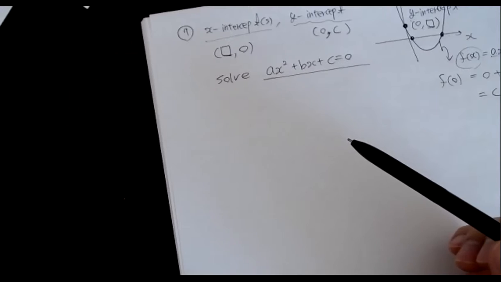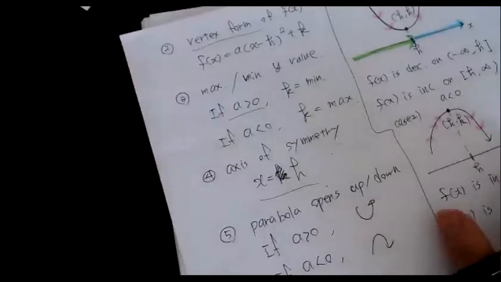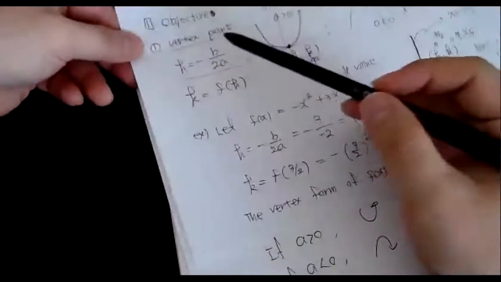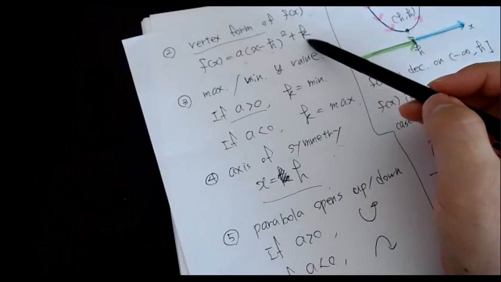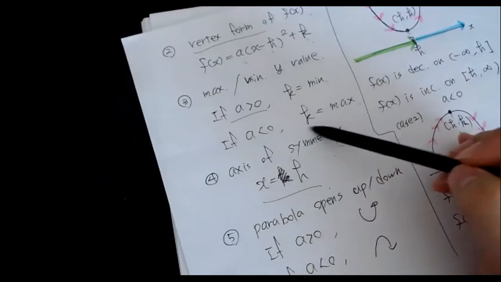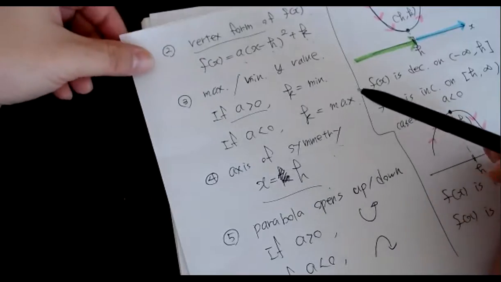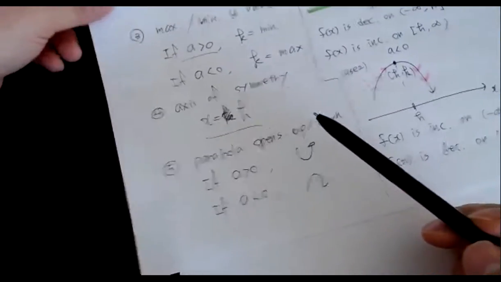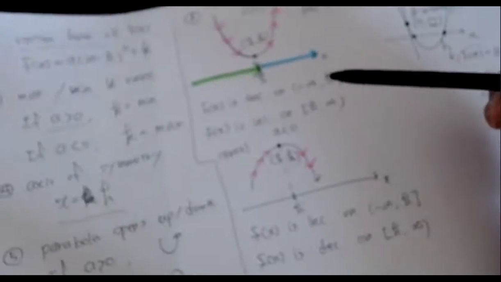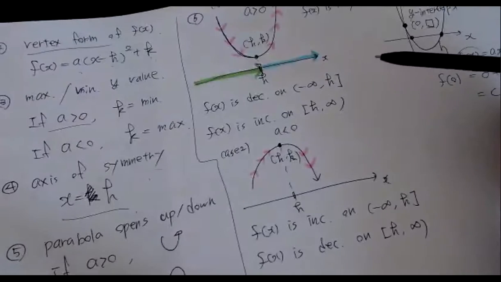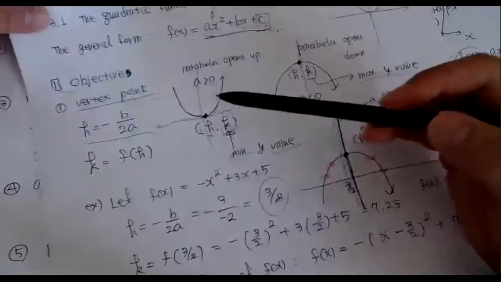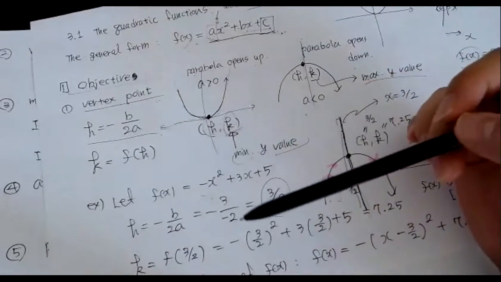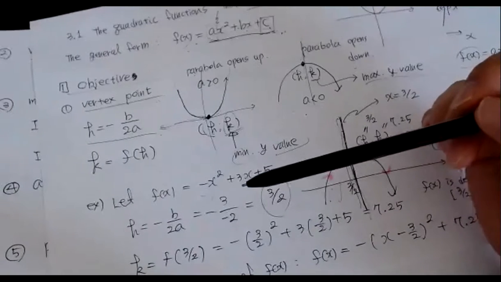But one thing you should keep in mind is that the vertex point is (h, k), and in the vertex form formula, h and k are involved. Maximum and minimum: k is the maximum or minimum, and the axis of symmetry is x equals h. Increasing and decreasing also involve h. So if you get the vertex point wrong, you're going to get wrong answers for other things.